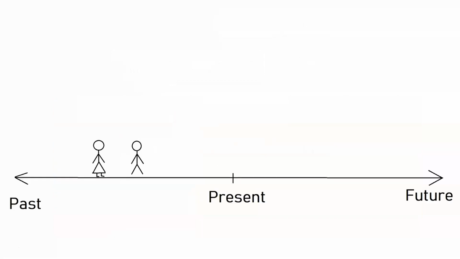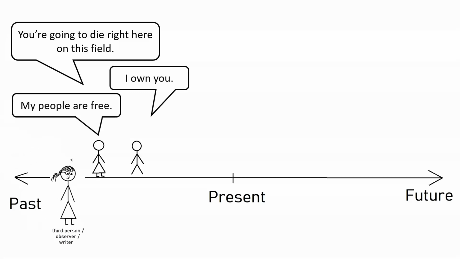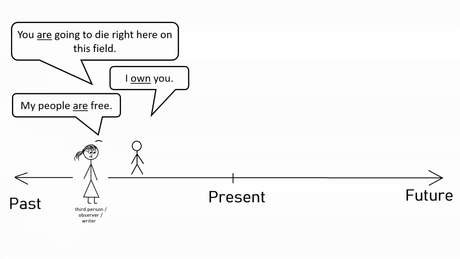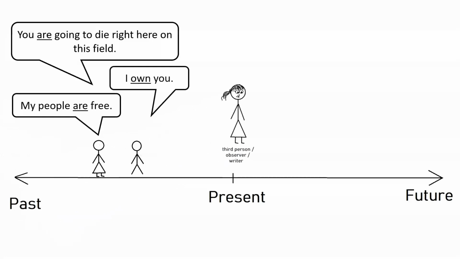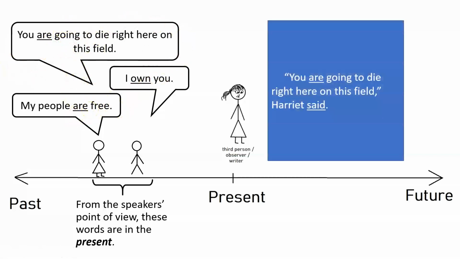When I'm writing with direct speech, I move as the storyteller to the present, so all of this conversation is in the past. When these people are talking, they were talking in the present tense, but this is not present anymore.